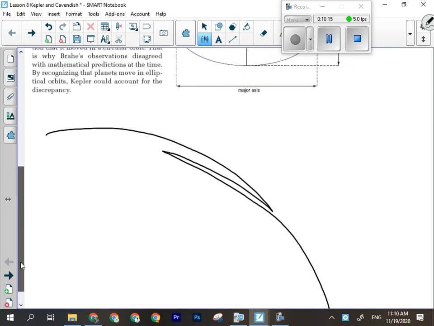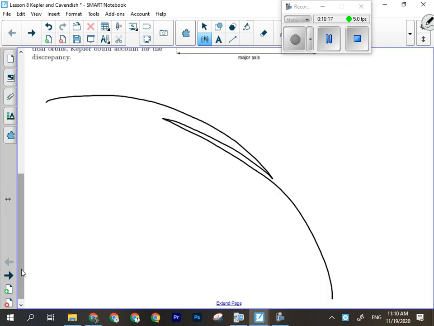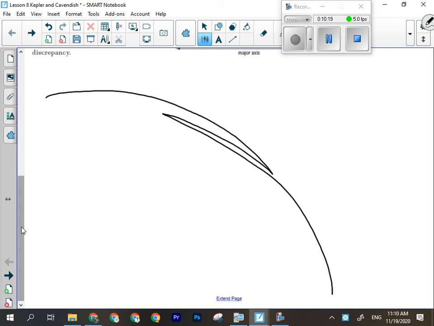The only reason that Mars would have a movement like this in the sky is because Mars and Earth orbit the sun. So the sun is here. Earth is orbiting inside of Mars. So Mars appears to move backwards in the sky anytime Earth passes it. It's like if you pass a car on the highway.